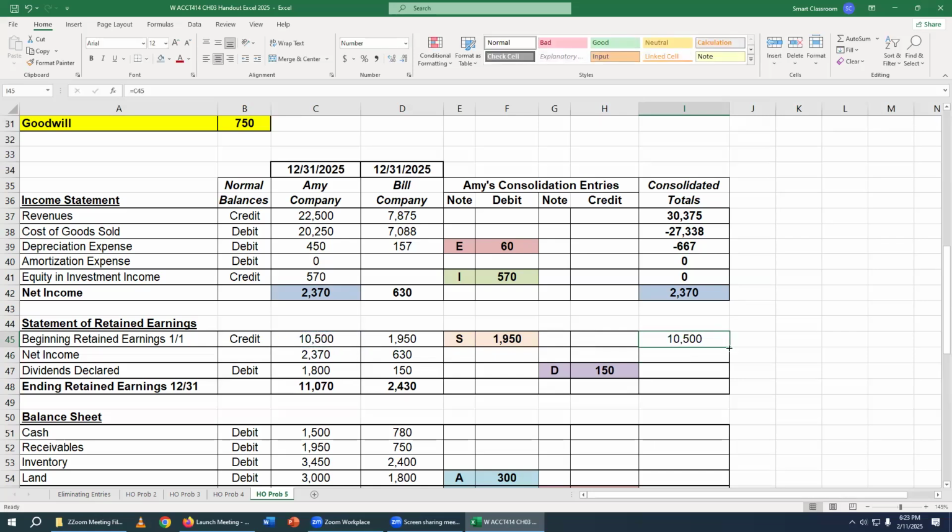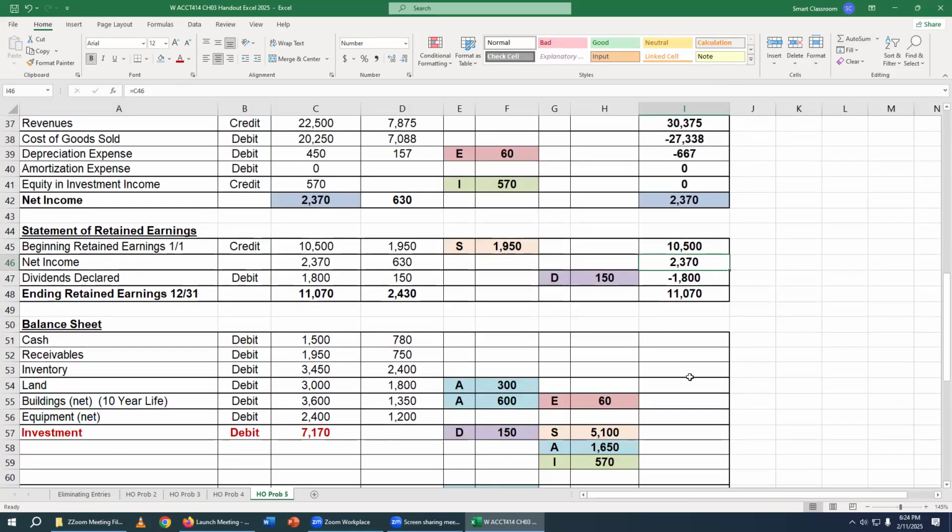The income would be added and the dividends are subtracted. So these will be the same as these.